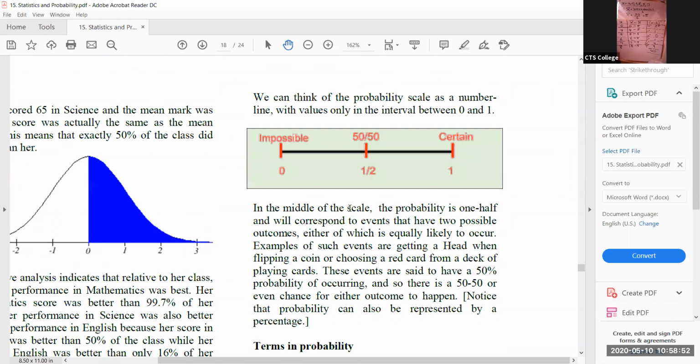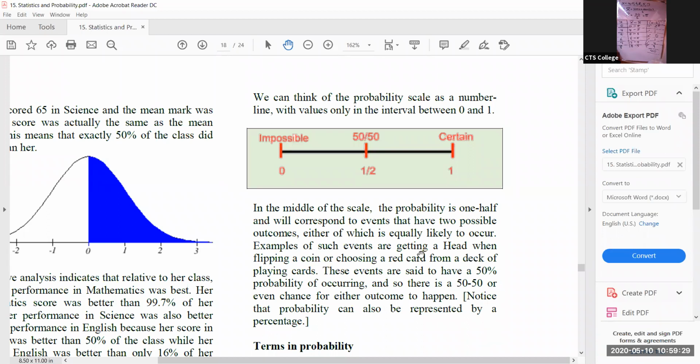So we can think of the probability scale as a number line with values only in the interval between 0 and 1. So impossible at 0, and 1 is certain to happen. If it's uncertain, it'll be 50-50, or half. Right? Any questions? In the middle of the scale, the probability is 1/2 and will correspond to events that have 2 possible outcomes, either of which is equally likely to occur.